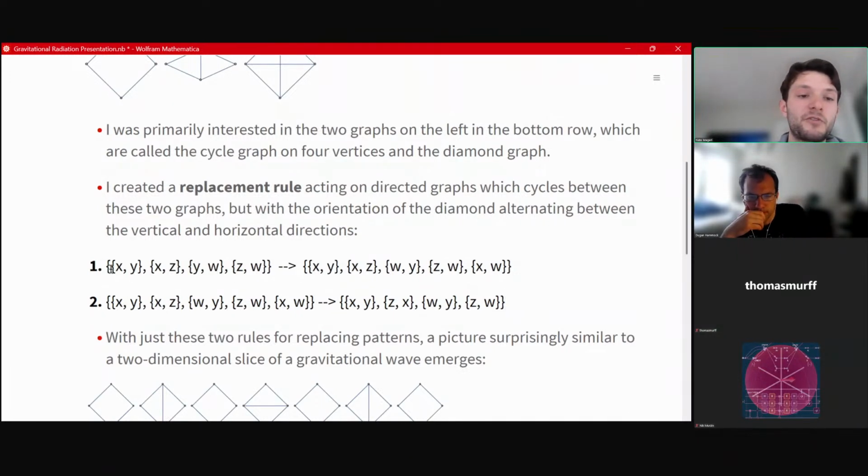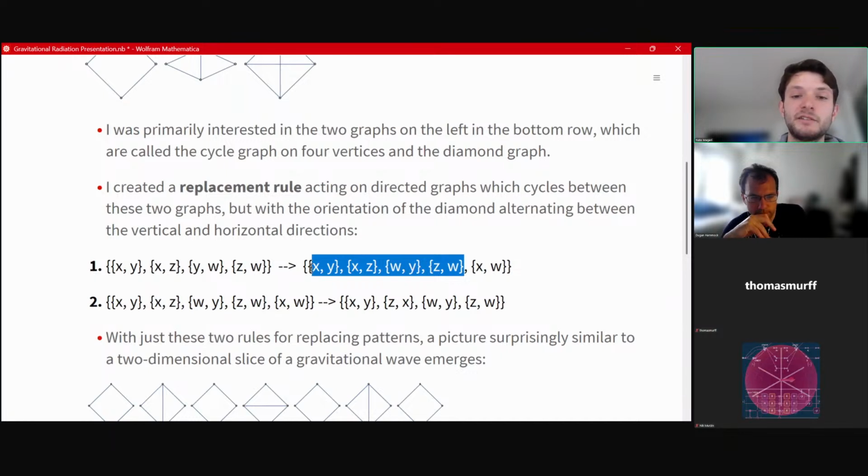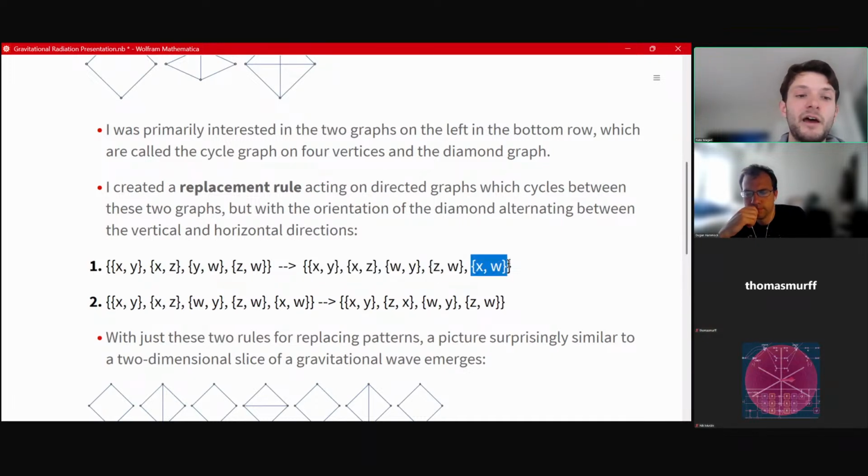The first replacement rule basically looks for a connection of 4 vertices in a cycle, and then it replaces that with the same cycle here. So these are the same 4 sets of edges, plus an additional edge between X and W.